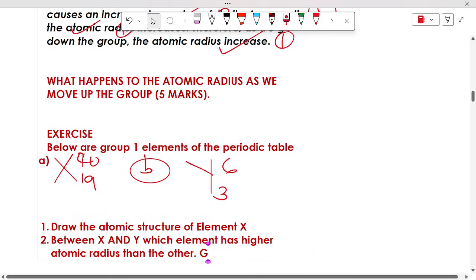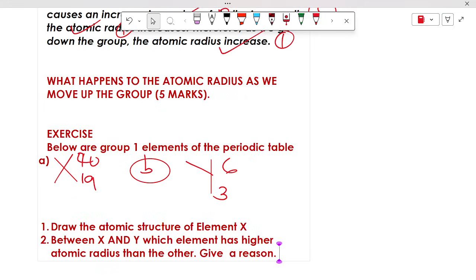They will say give a reason. They give labels, X and so on. Which one has got higher atomic radius than the other? Give the information. Okay.